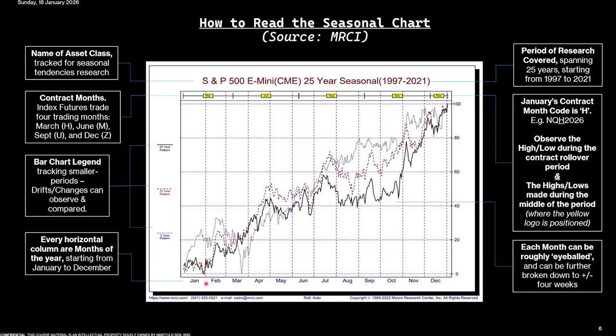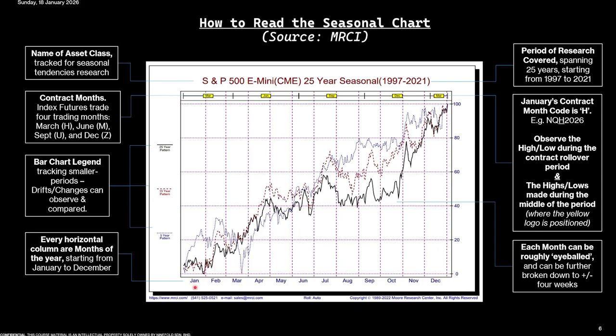And when we look at the divergences, say when we go down to a shorter period of a 5-year pattern, we can see that there are much larger price ranges being made.